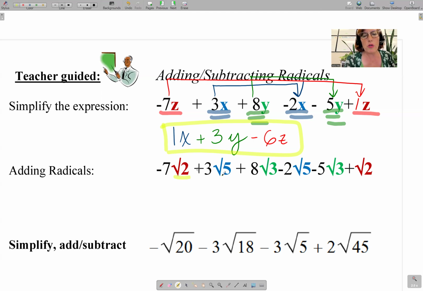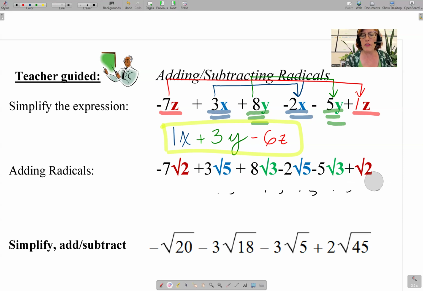So I have a 2, a 5, a 3, a 5, a 3, and a 2. And what I mean by factor is this. This is 1 and 2, 1 and 5, 1 and 3, 1 and 5, 1 and 3, 1 and 2. Now, if you look at those factors, all of them are prime. There's no doubles there. So I can't simplify.